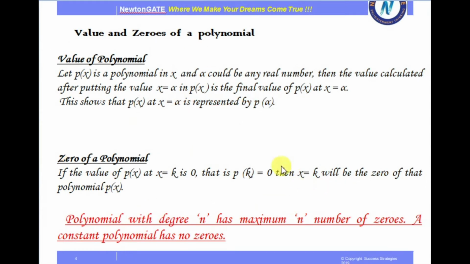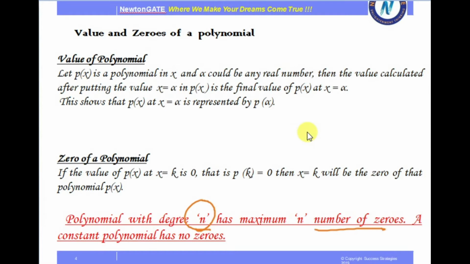Now, for any kind of equation or for any kind of polynomial, the degree n gives the number of the zeros. That means a quadratic equation will have 2 zeros maximum. A cubic polynomial will have 3 zeros. Now it might be that some will be repeated, some might be common, or maybe all of them are distinct, but maximum n number of zeros is possible for a polynomial with degree n.